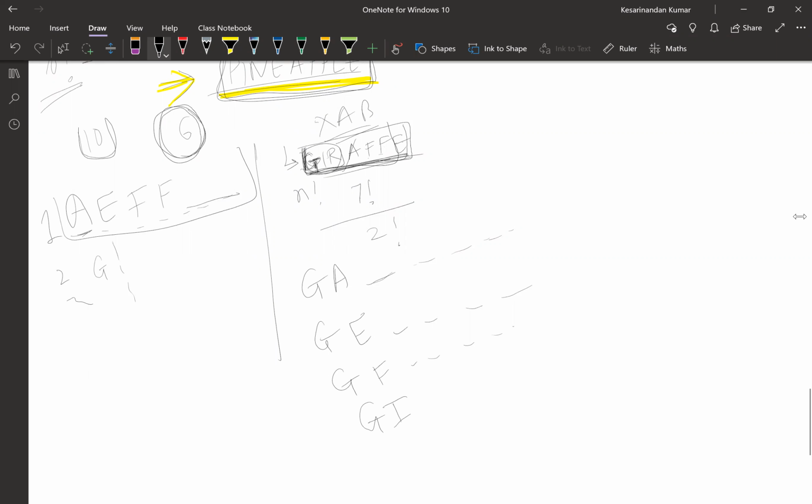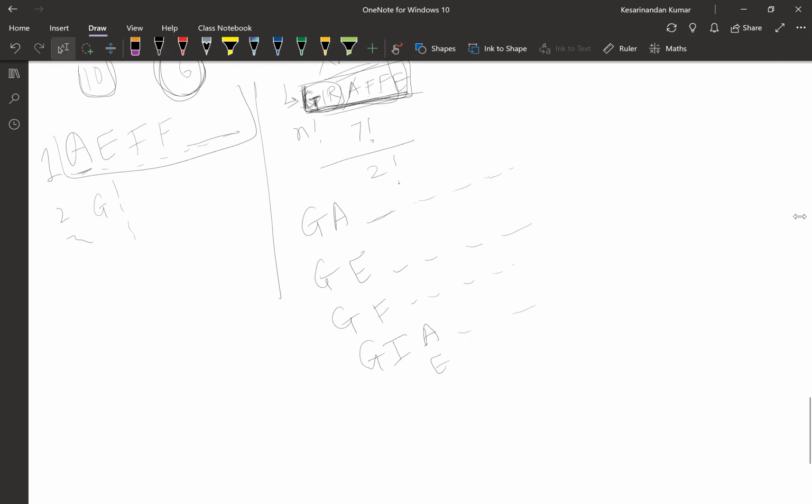After GI, you will have some number of words that will start with A again. Then some that will start with E. Then gradually you will come to GIR and so on. And this is how your word will be formed. I want how many words will be formed before you arrive at this word.